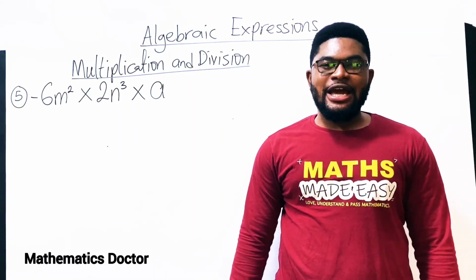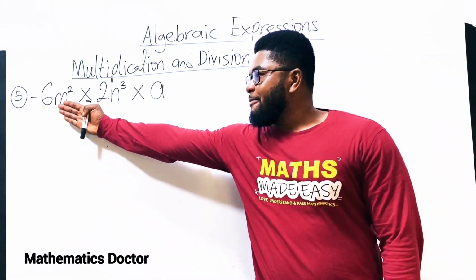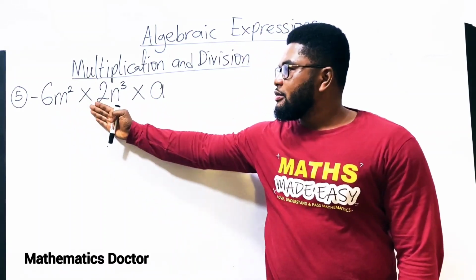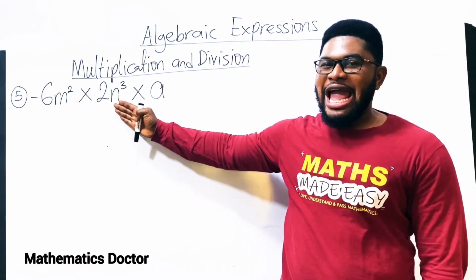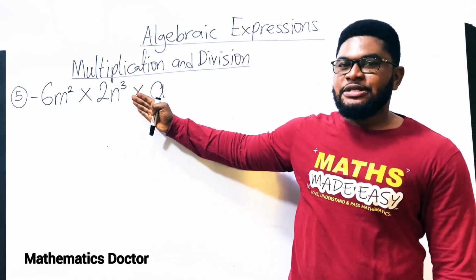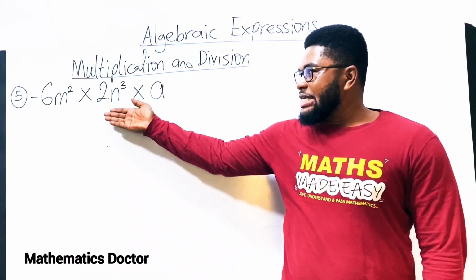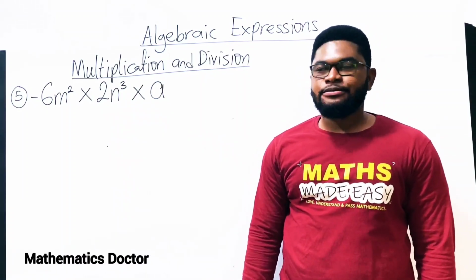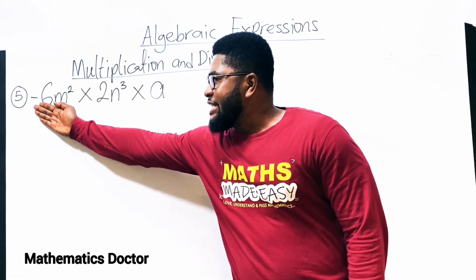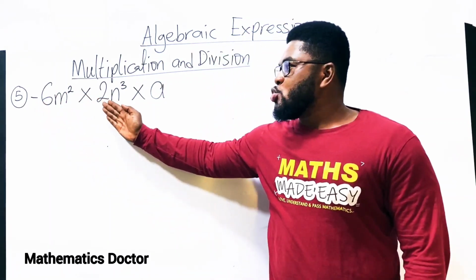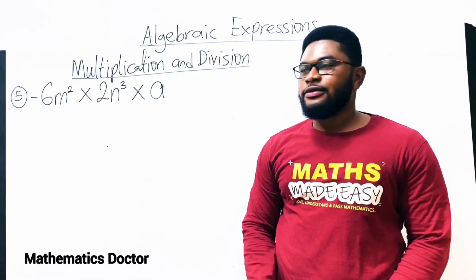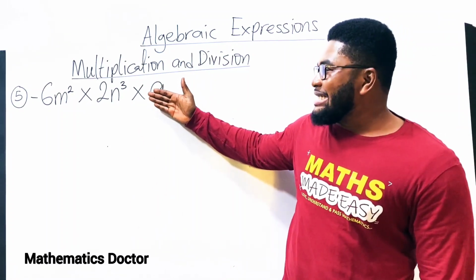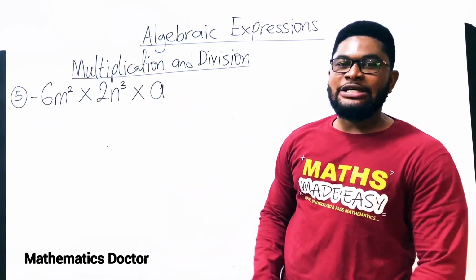Let's take the fifth example. Simplify negative 6m squared times 2n cubed times a. From this example, we can multiply the coefficients first. So negative 6 times 2 is negative 12. The coefficient of this variable a is 1. So negative 12 times 1 is still negative 12.